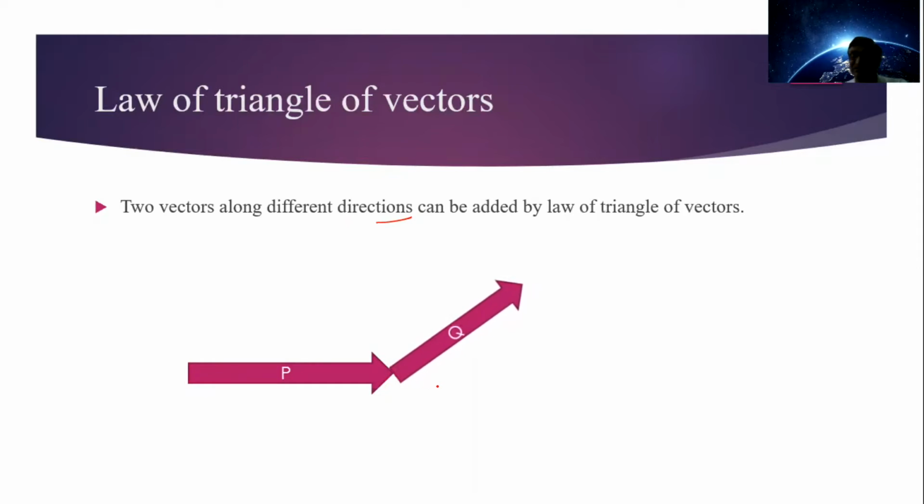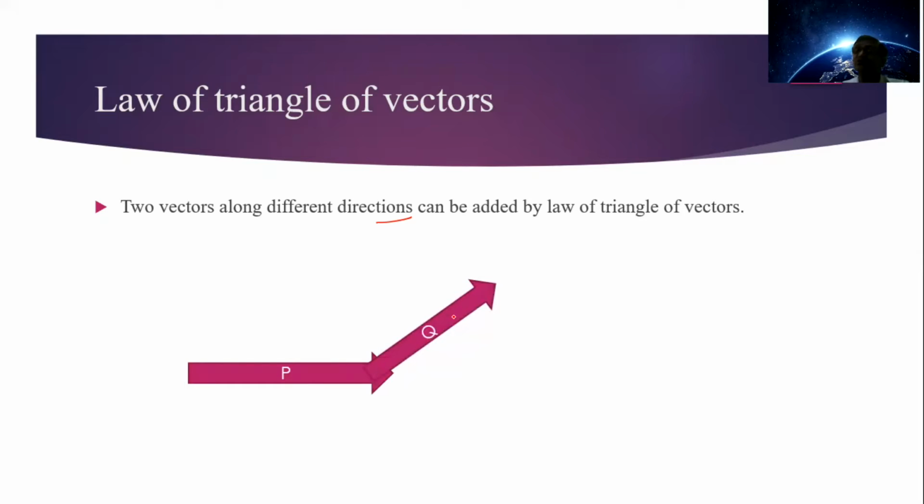Now, we can put the second vector on the first vector such that the starting point of the second vector is on the end point of the first vector. That is, P vector and Q vector are two vectors. The starting point of the Q vector is kept on the end point of the P vector. We can represent it like this.